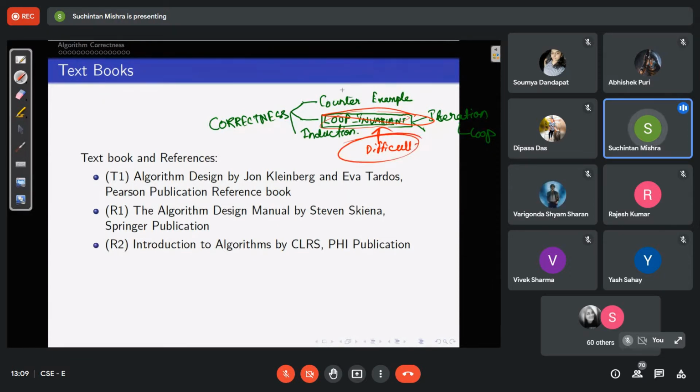Now, when we come to the counter example case, you have to think a lot. Whenever you are going to find a counter example, suppose an algorithm is given to you. What do you do here? You want to prove the correctness of this algorithm. But in fact, we will prove the incorrectness of the algorithm. If you can prove that the algorithm is incorrect, then it is not correct.